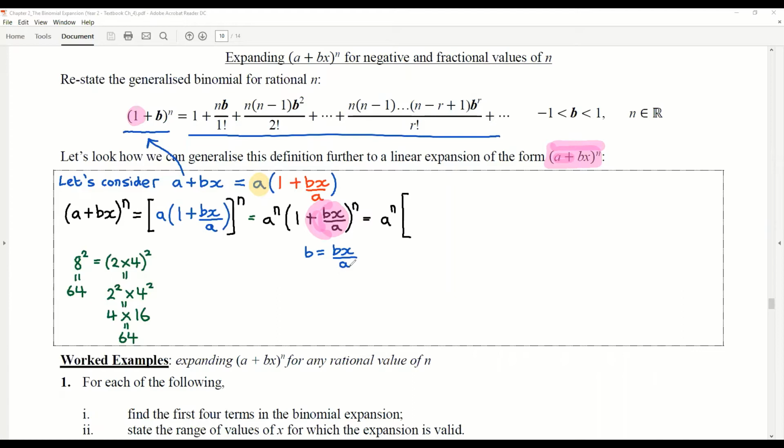You get the idea. And then n, of course, is just n. So all we have to do is sub in bx over a rather than subbing in b across the whole expansion. So b squared, b to the power r, etc., is going to be bx over a all squared, etc. So let's do that.